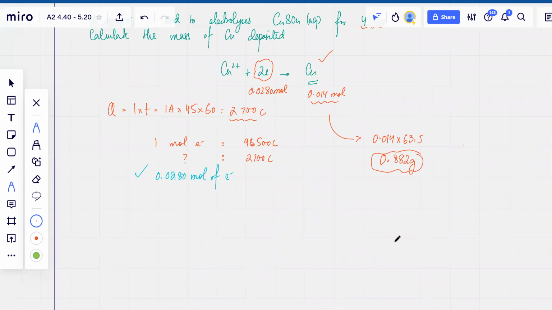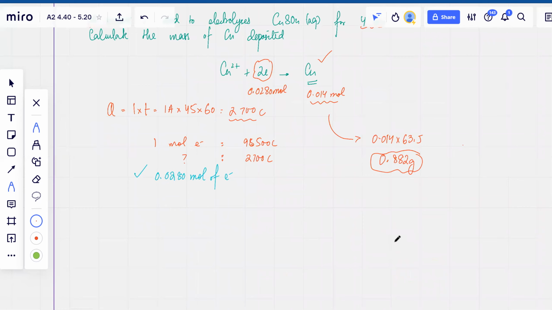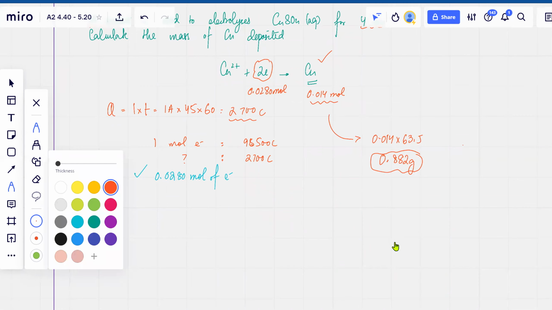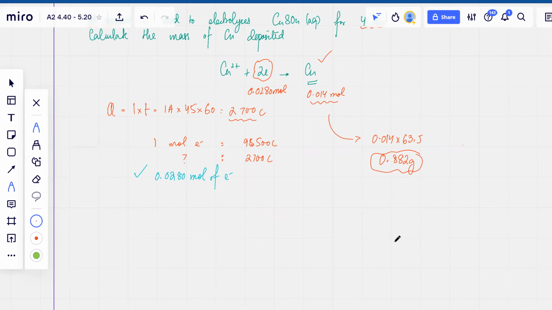So now there's one other thing that you have to do, and we're going to move towards past papers now. There's one other thing which has been added in 2022, and that's minus nFE naught cell.